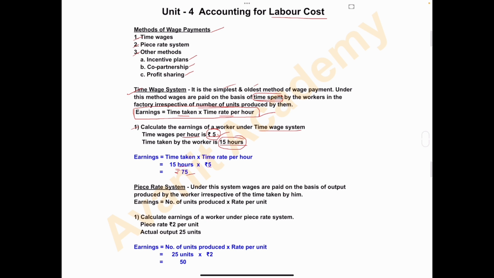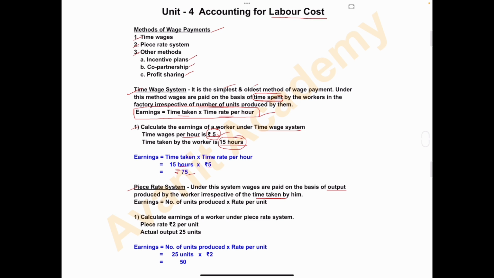Next we'll see the piece rate system. Under this system, wages are paid on the basis of output produced by the worker irrespective of time taken by him. So in piece rate system, the wages or the remuneration are paid to the worker on the basis of output, on the basis of number of units produced by the workers and not on the time spent by the worker. In time-based system, the importance is given to the time and not on the output.